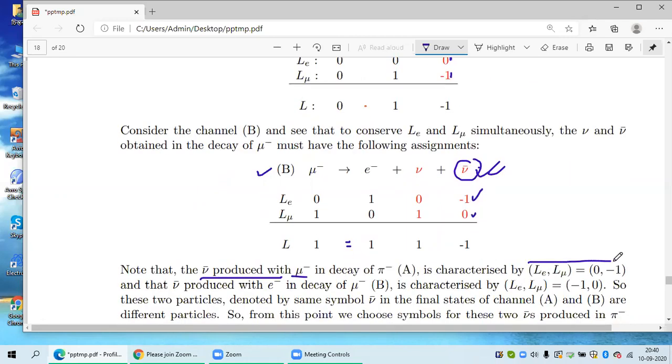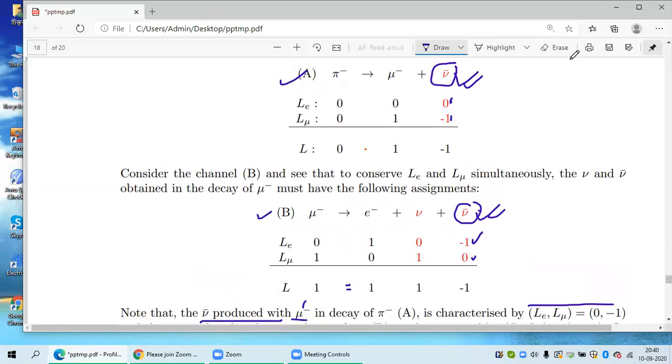Both are nu bar, both have L -1, but still the LE and L mu differences are there. One is 0, -1, the other is -1, 0. Is it clear what I am saying? Yes, sir.